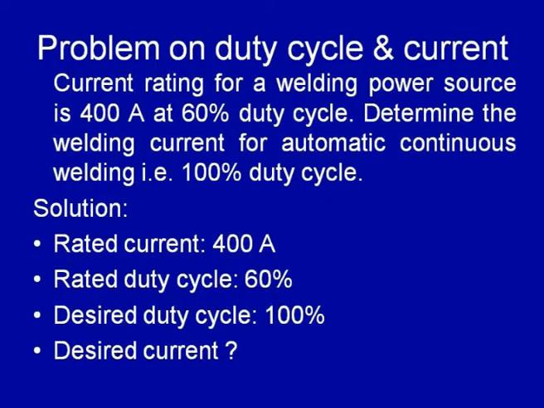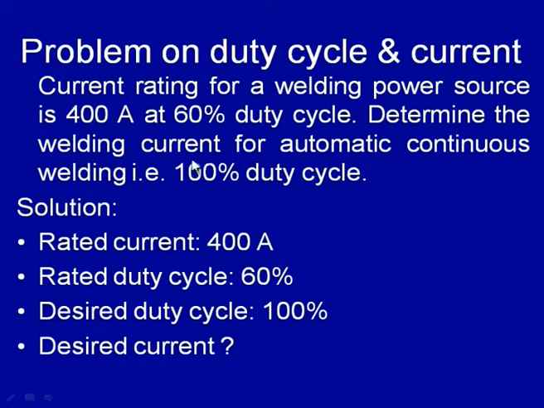Now, one typical example shows the importance of the duty cycle, and the relationship between the duty cycle and the welding current. Say the current rating for the welding power source is 400 ampere at 60% duty cycle.